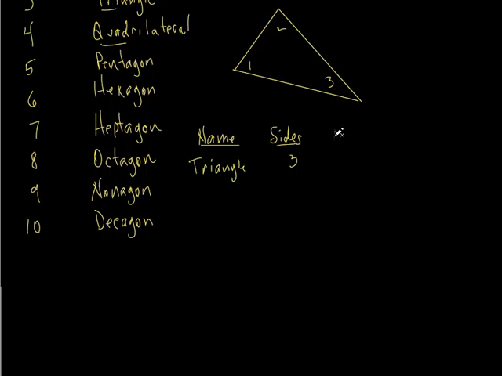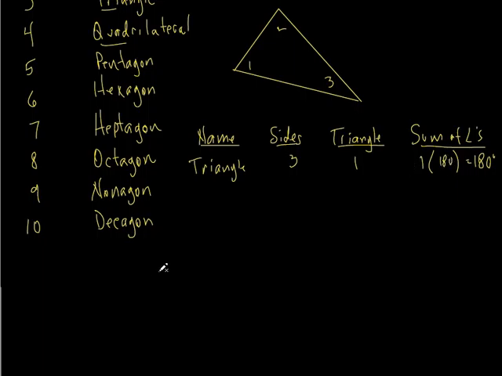I'm going to put the word triangle. So we have one triangle, and we'll put sum of the angles. One triangle means 3 sides, so we go 1 times 180, which is 180. I'll show you why I put the 1 in front of it in a second.